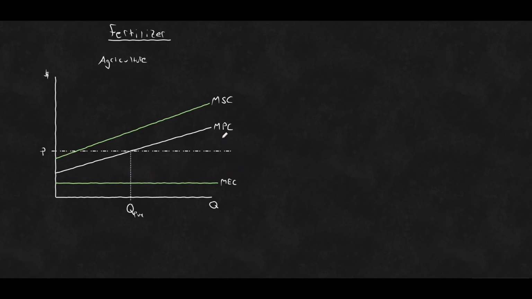In this case here, this vertical distance between our social and our private cost curve is just equal to the marginal external cost. So our marginal social cost is just the marginal private plus the marginal external.